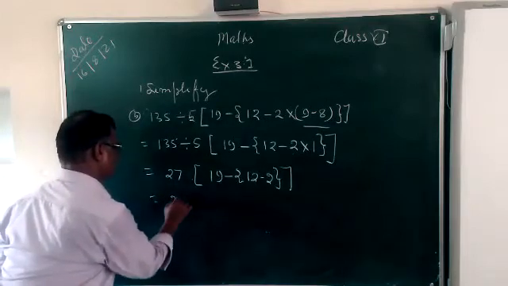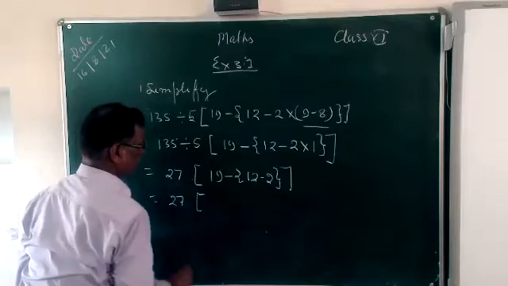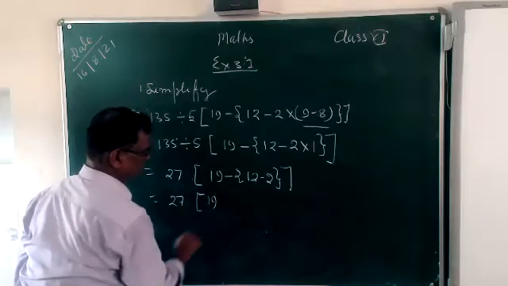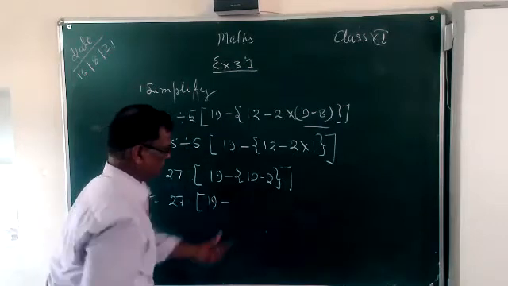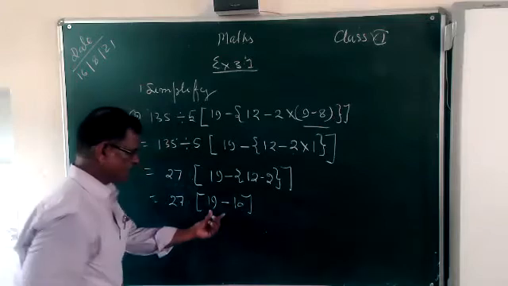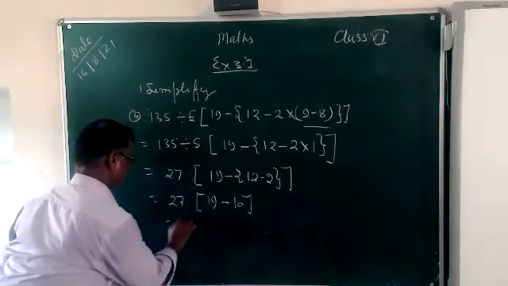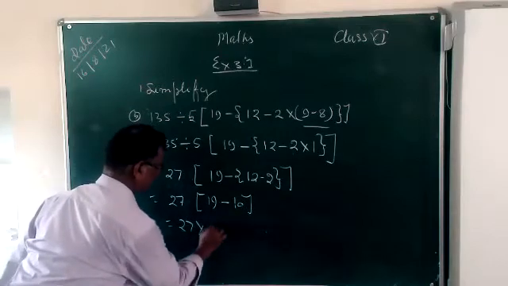That is 27 into square bracket 19 minus, this is 12 minus 2 is equal to 10. So curly bracket removed, 19 minus 10, and that is 27 into 9 coming.